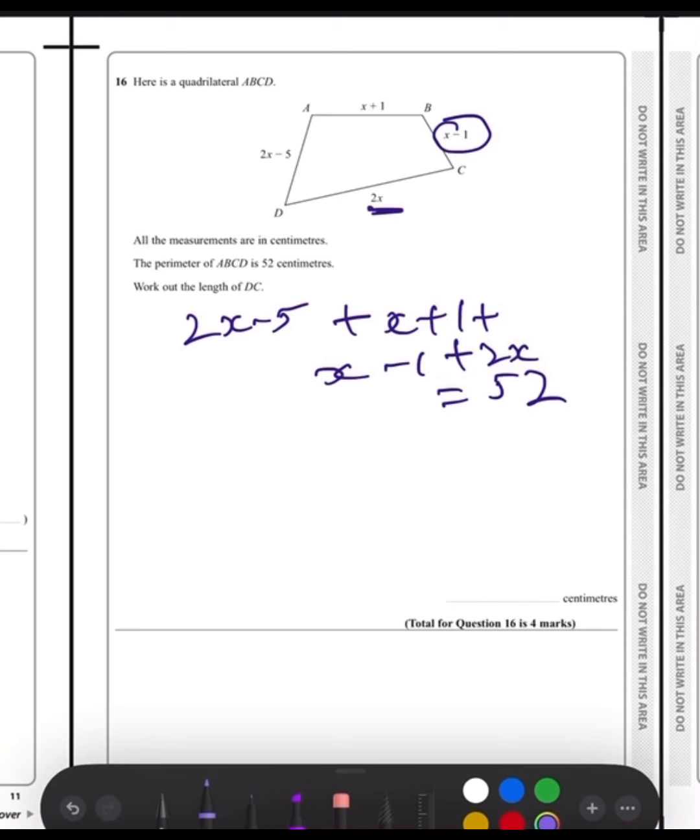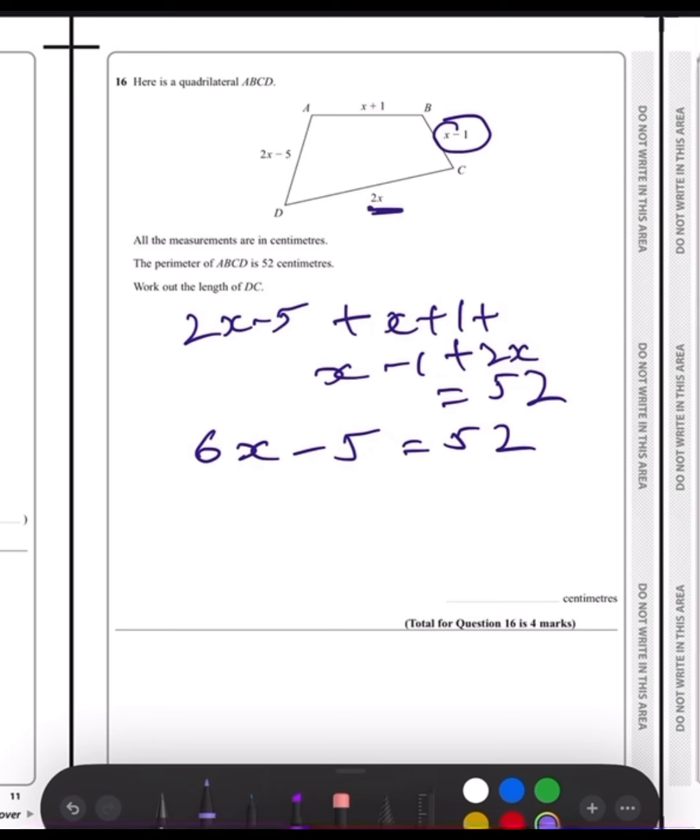Now we can collect the like terms. When we collect the x's, we clearly get 6x. When we do the normal numbers together, we get minus 5, which equals 52.